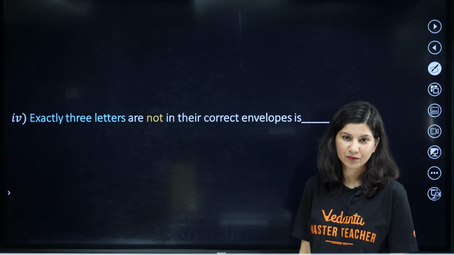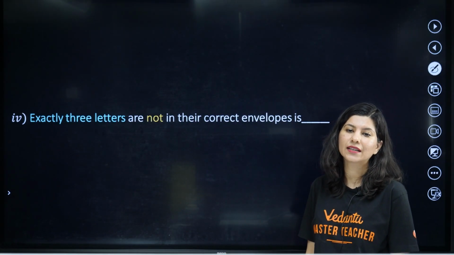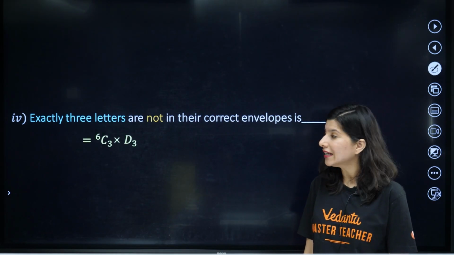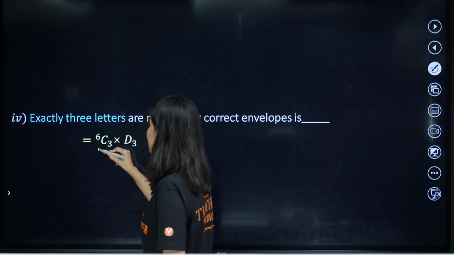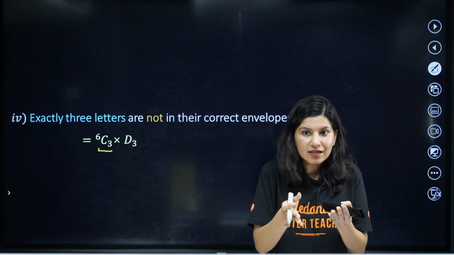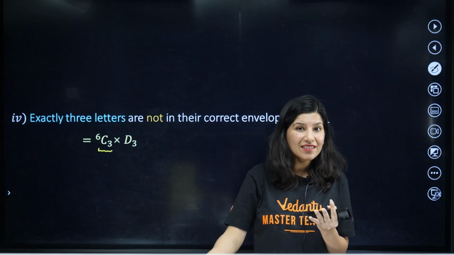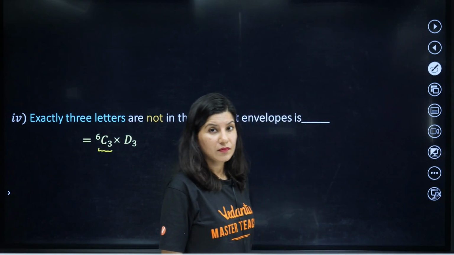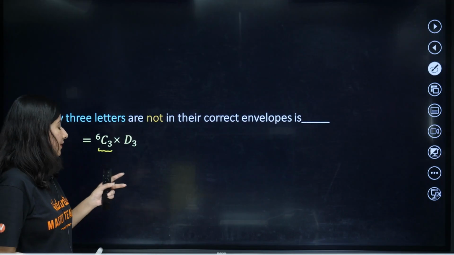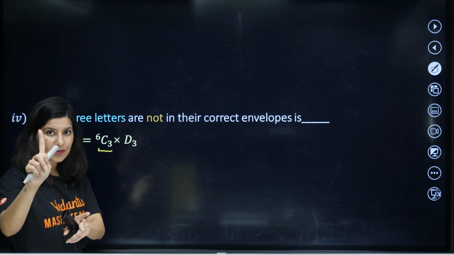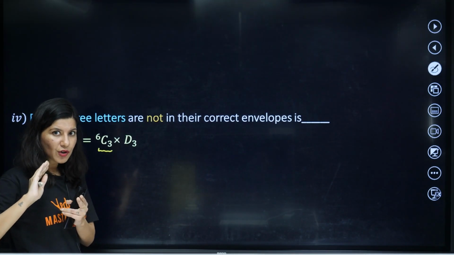Now fourth, wherein exactly 3 letters are not in their correct envelope. So 3 letters, so 6C3: let us pick those 3 letters which we are not willing to put in the correct envelope, and the remaining 3 are sorted in one way. Just put 4, 4, 5, 5, 6, 6.